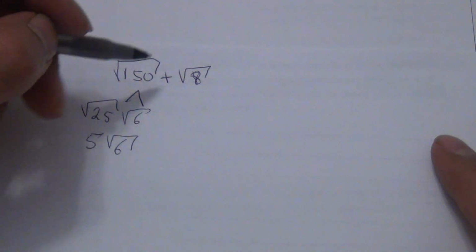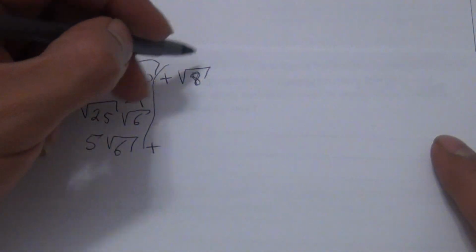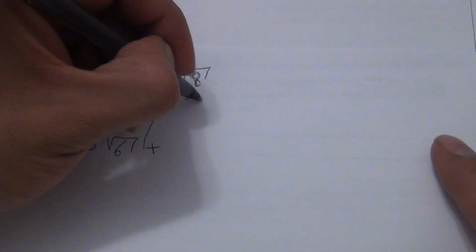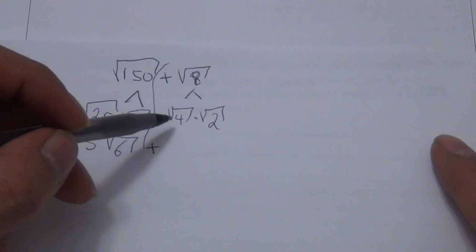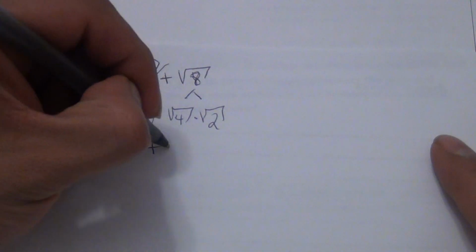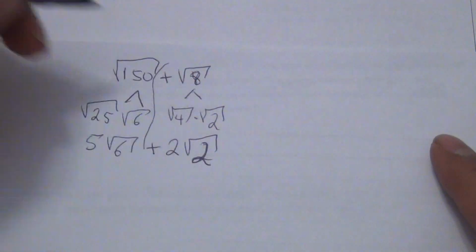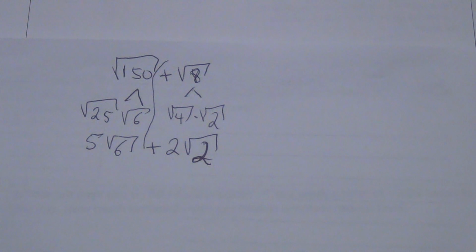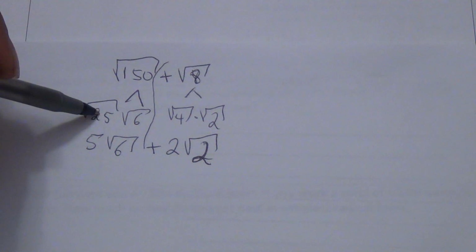That was this part, radical 150. Plus, now radical 8. Radical 8 is radical 4 times radical 2. So this is 2 times radical 2. So now, is there anything else? Let me see.